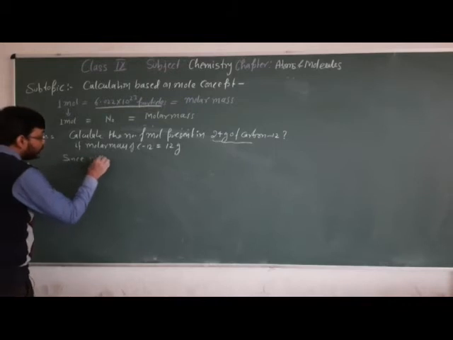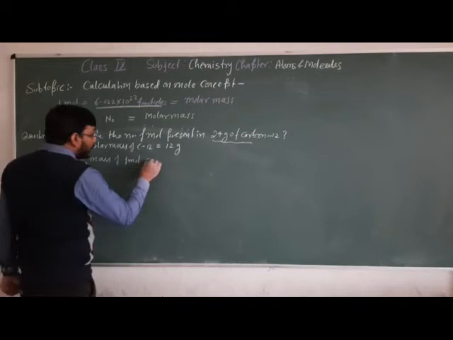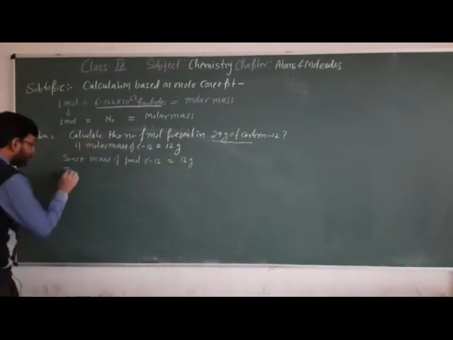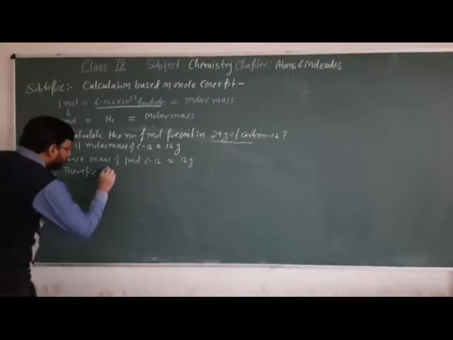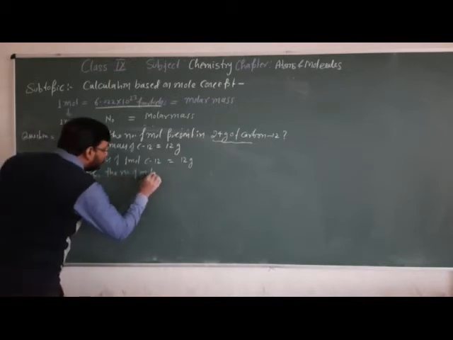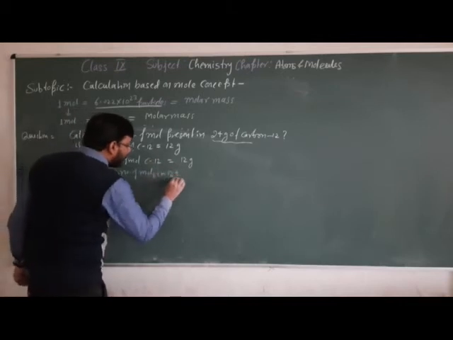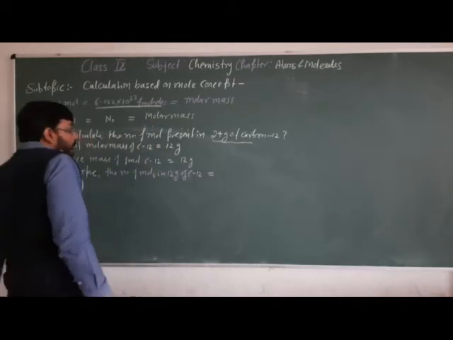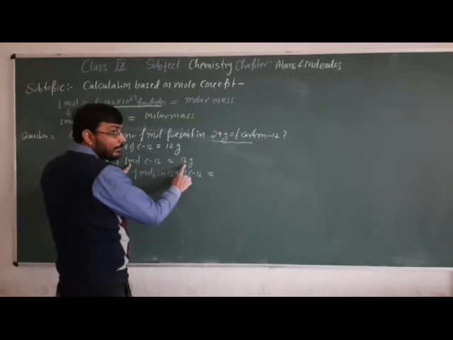Since the mass of 1 mole of carbon 12 is 12 gram, therefore the number of moles in 12 gram of carbon 12 is 1 mole, equal to 12 gram.